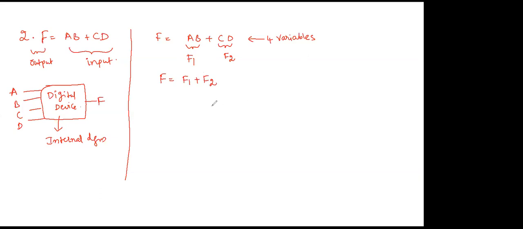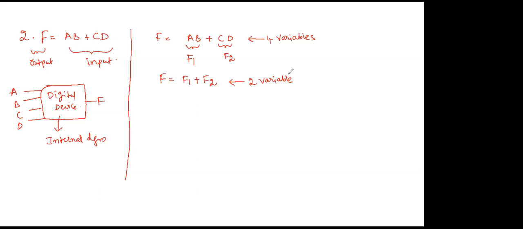Now what is F1 plus F2? It is nothing but an OR gate, a two input OR gate. Now we have only two variables, so stop the grouping process.